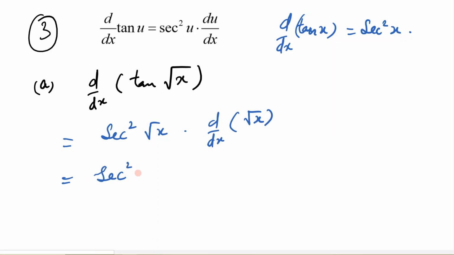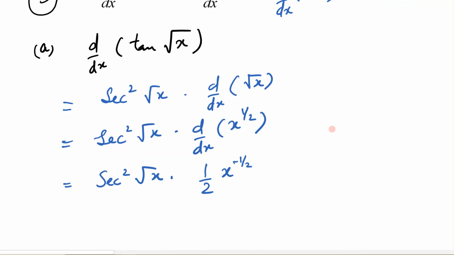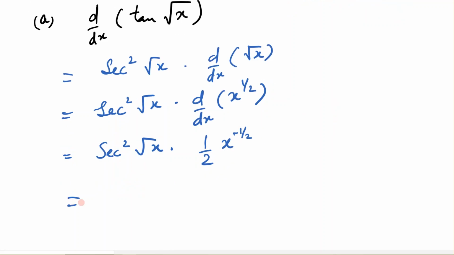Derivative of square root of x means derivative of x raised to power half, and now you can use the power rule. So secant square square root of x, and bring the power down, reduce the power by 1, so that is your derivative of square root of x. So overall we get secant square square root of x over 2 square root of x. So that is our derivative.